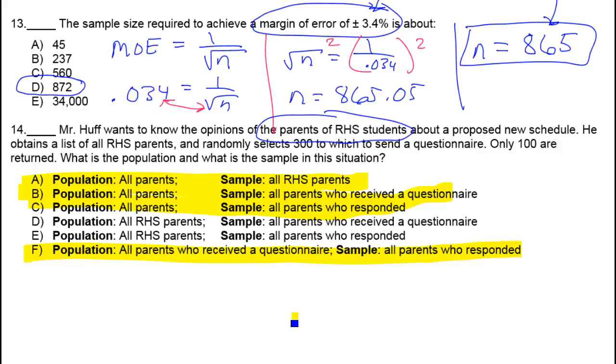Now as far as the sample, can he use as evidence the ones that were thrown in the trash can? No. The only evidence he has are the ones that were actually returned. Right? You can't judge from the ones that didn't get answered. Those won't be part of the sample. So it had to be the parents who responded. The parents who responded. That's why the answer was E.